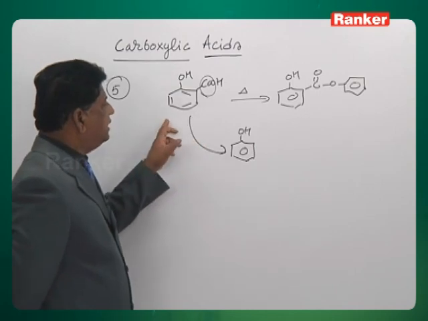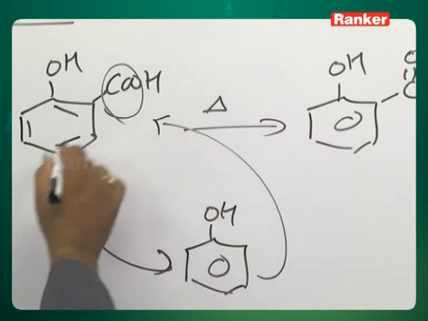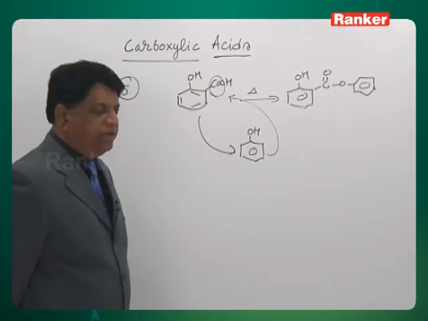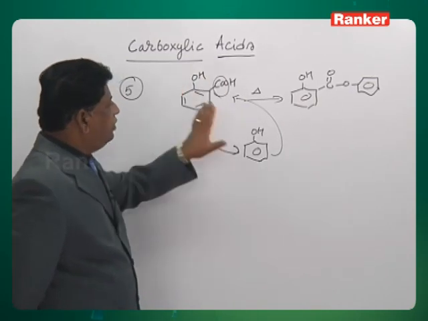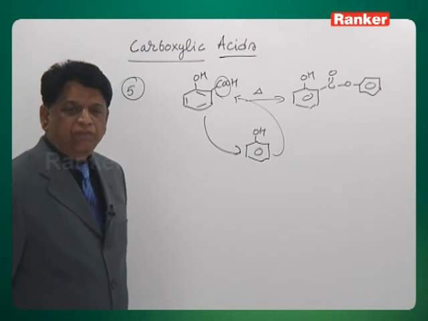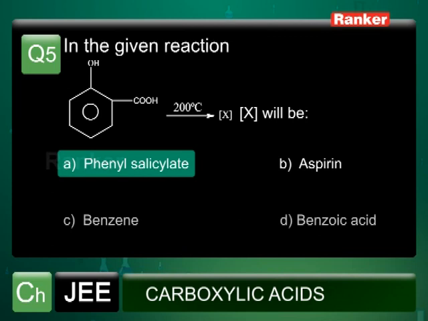Heating the salicylic acid alone, it partly gives phenol, and this again undergoes esterification with salicylic acid. So, two molecules are participating in this reaction. If phenol alone is there, we too can go for that option, but phenol is not given. So, therefore, phenyl salicylate, answer A, is the right answer.